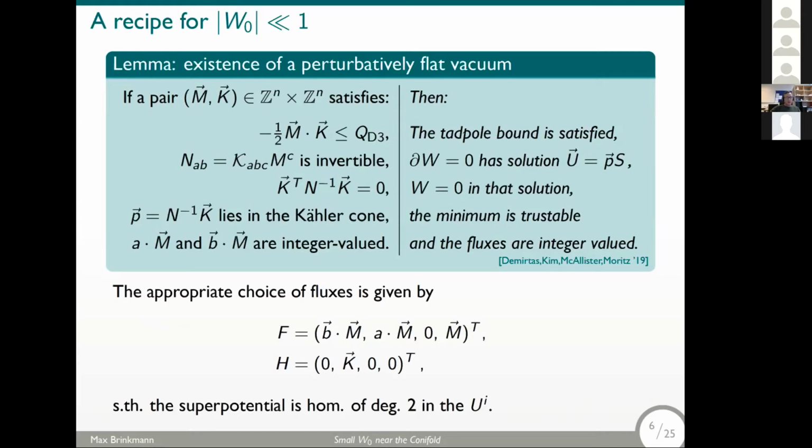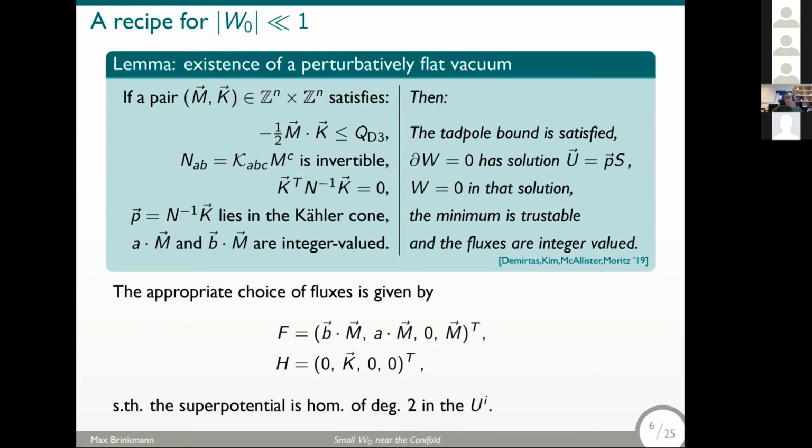First of all, these integer vectors actually determine the fluxes that we will choose in the end. So the first equation they should satisfy is the tadpole bound. The next two equations here are just the F-term equations and W equals 0 in the minimum.